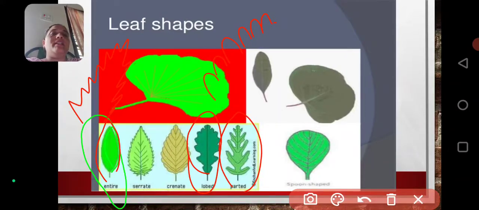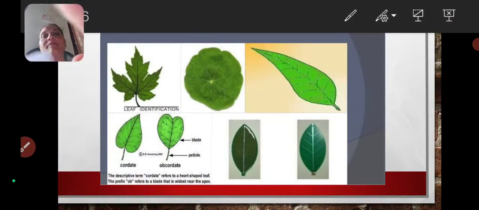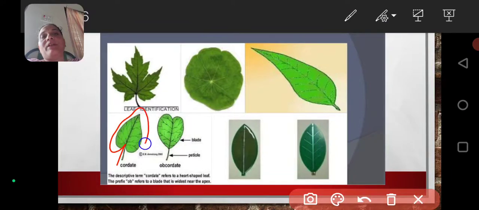This is a spoon shaped leaf. These are the different types of leaf shapes. For leaf identification, this is a cordate leaf. Heart shaped leaf is called cordate leaf. The opposite to the cordate leaf is obcordate. This is a petiole and this is a leaf lamina.